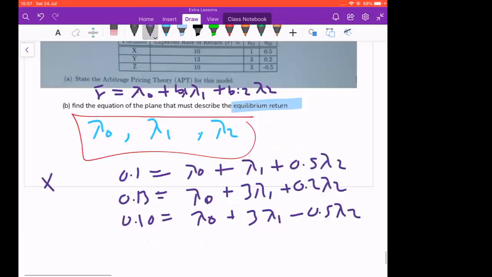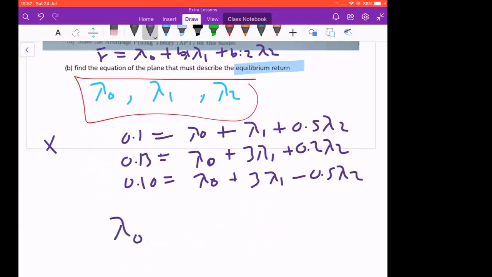Then you basically solve this until you can find these values. So do we have any questions for now?